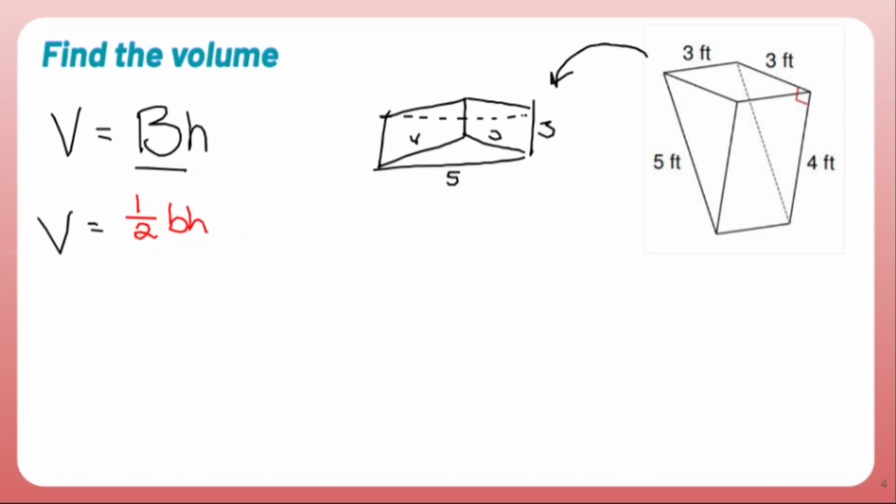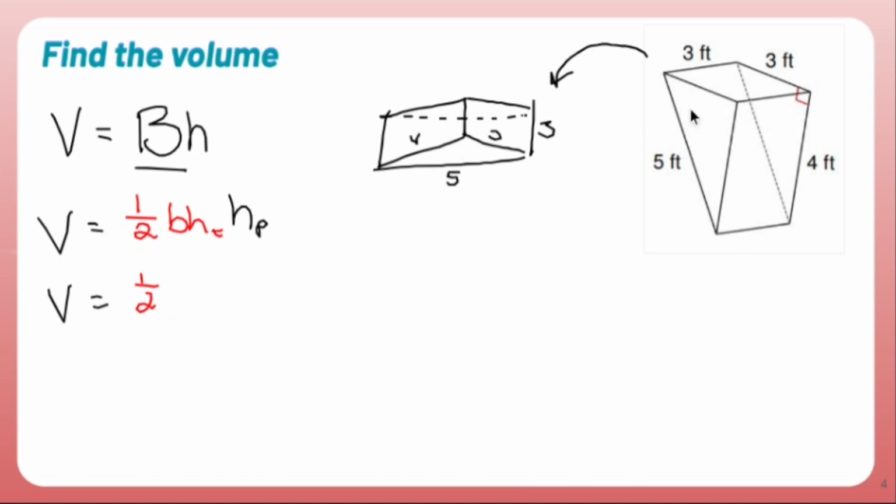Now, remember, the height that I'm looking for here is the height of my prism, we'll say P for prism. So let's make sure that when we do this, we're mainly focusing on just the triangle: 1/2 of base times height of a triangle.